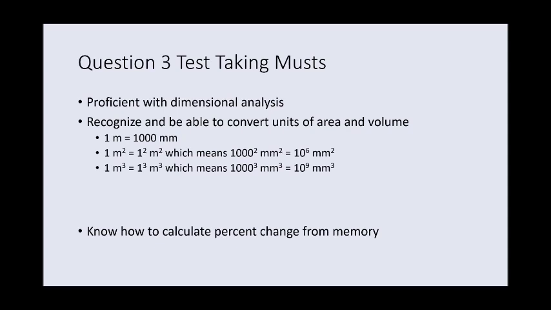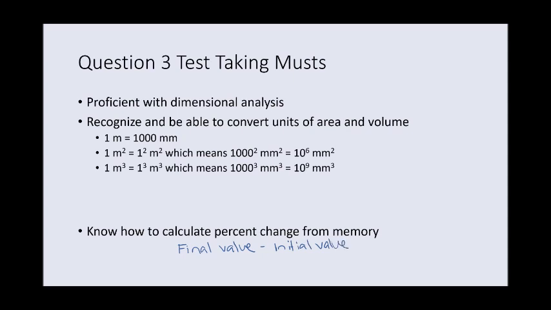The other important thing to be able to do is calculate percent change from memory. So just to review, percent change is where you've got some change over time. And so you've got the final value, and you're going to compare that to the initial value, what you started from.